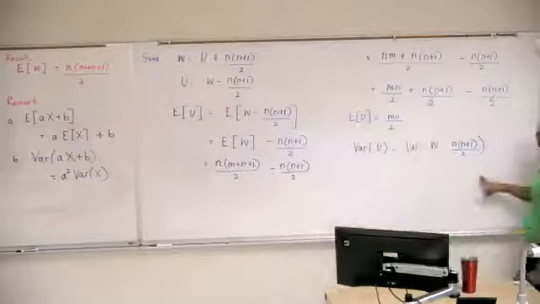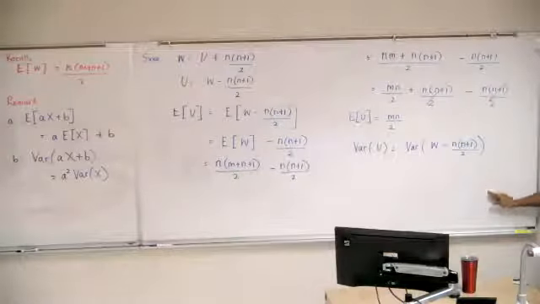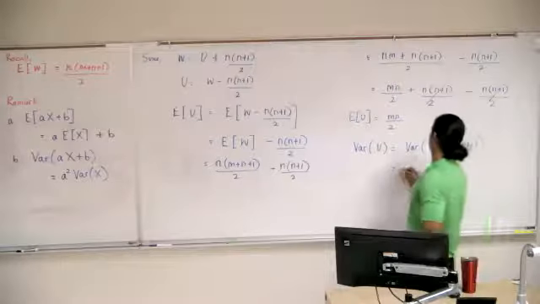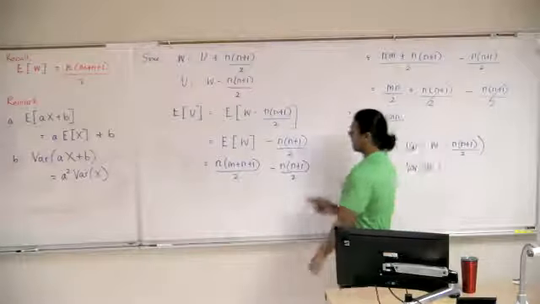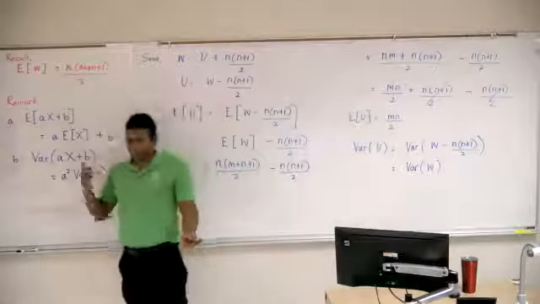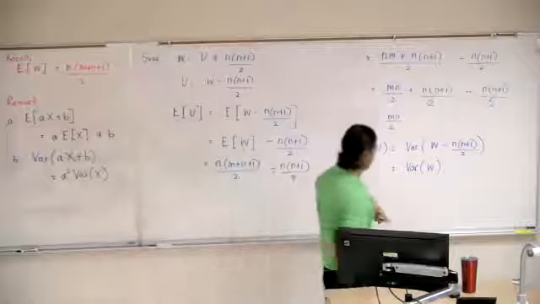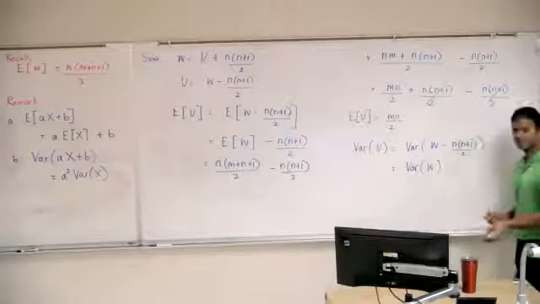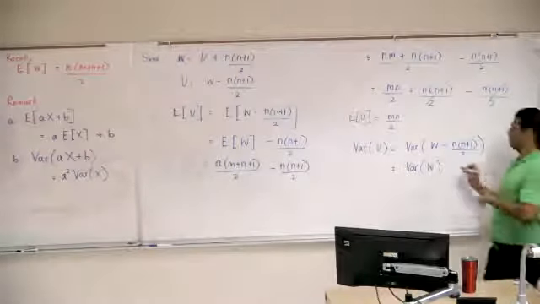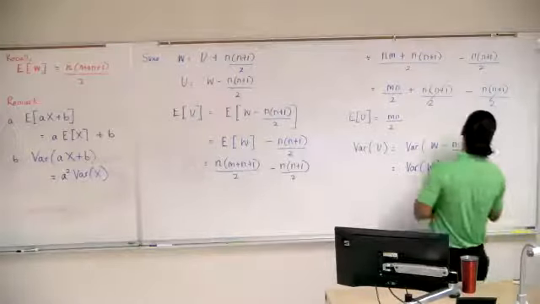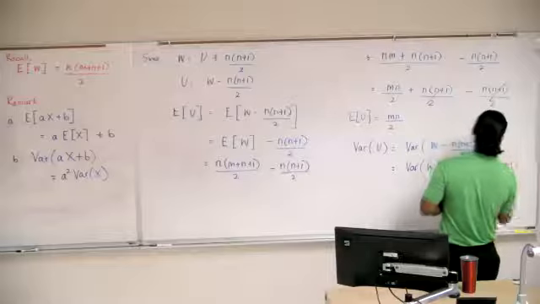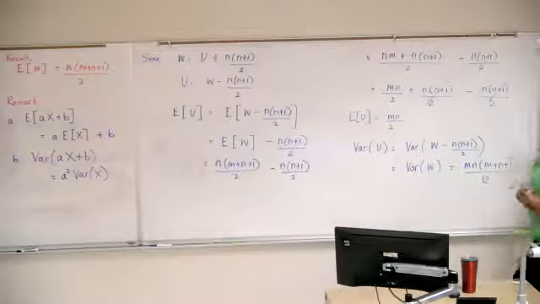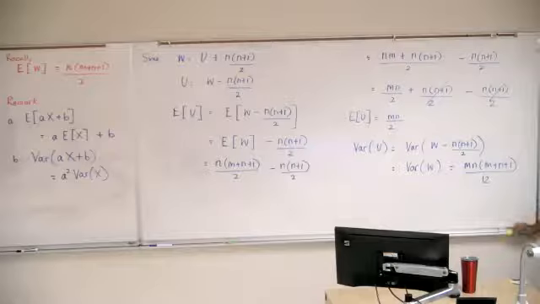So this would simply equal to the variance of W, because according to my remark, if I have a constant added to a term, it would simply end up being the variance of W, which we know from last time, N times N plus N plus 1 over 12. Good.